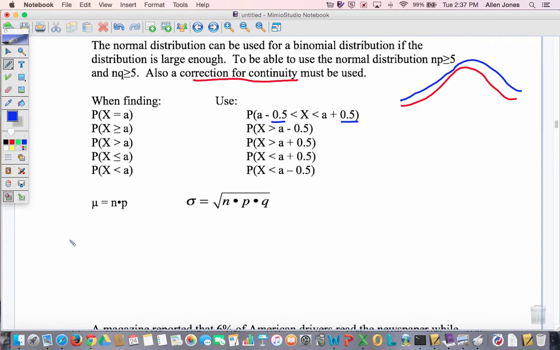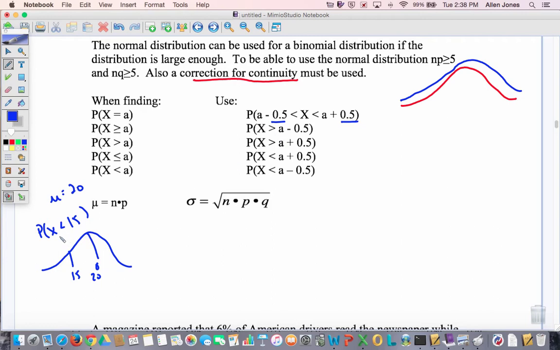Let's say I want to find the probability that X is less than 15 and our mean is, we'll say, 20. So let's put our curve up here. If I put 20 down the middle and 15 here, if this is a binomial, we know we either have to add or subtract 0.5.